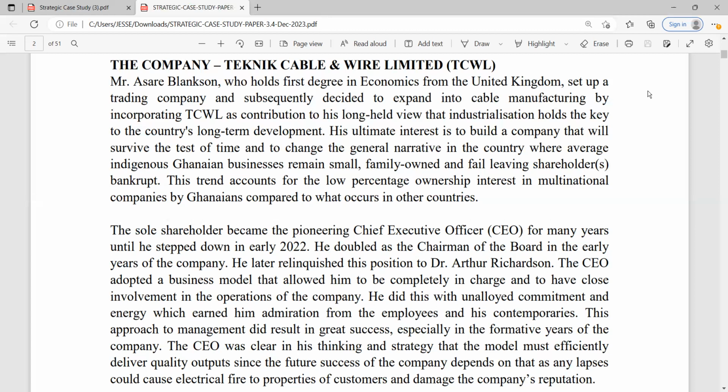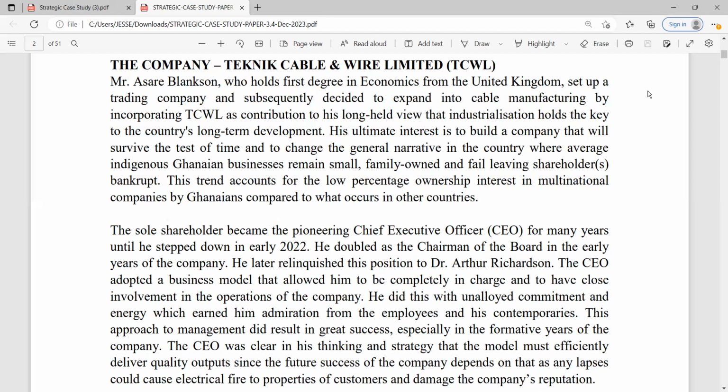Now, what do you think about this? When the CEO is also the chairman of the board, does it raise any questions to you? Just think about it very carefully. He's the CEO and he's the chairman of the board.